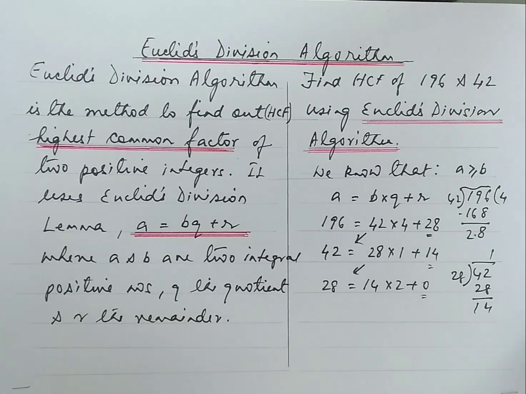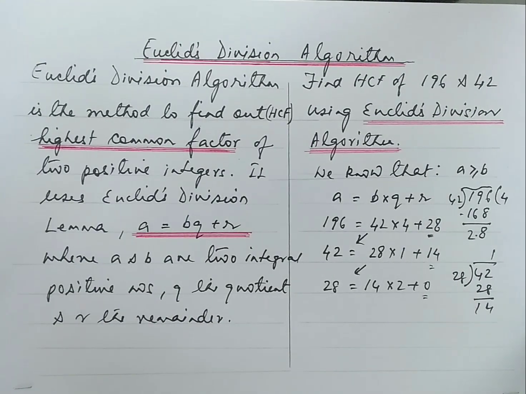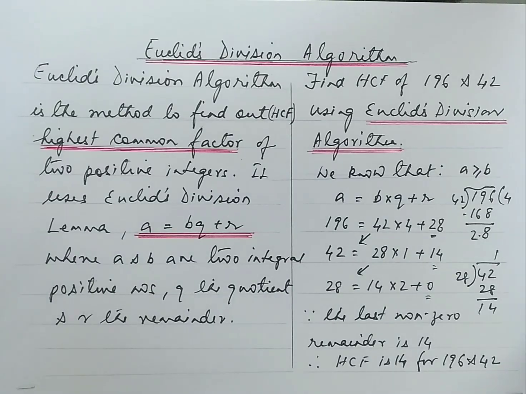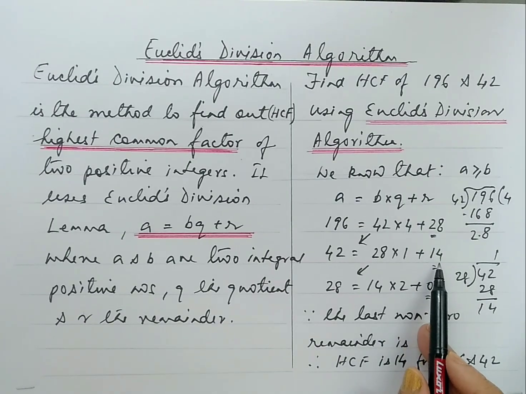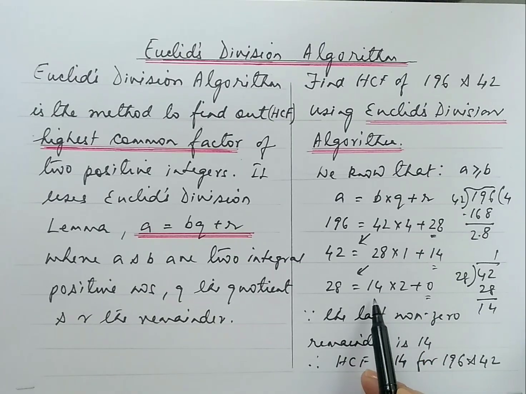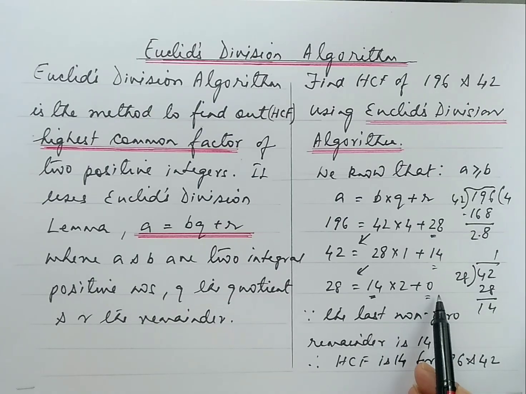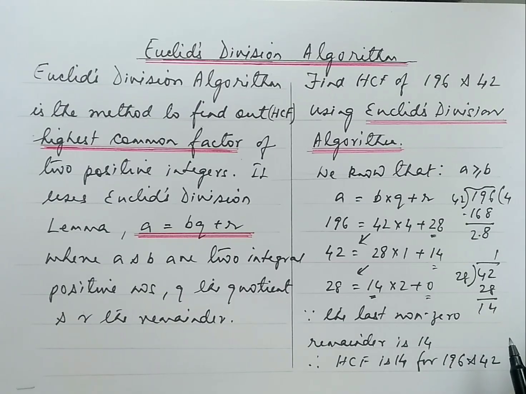Let me explain this very clearly. The last non-zero remainder is 14, the remainder which was brought over here and led us to fetch a 0. We stop our procedure here. So this is the non-zero remainder that ultimately brought us a 0 remainder.